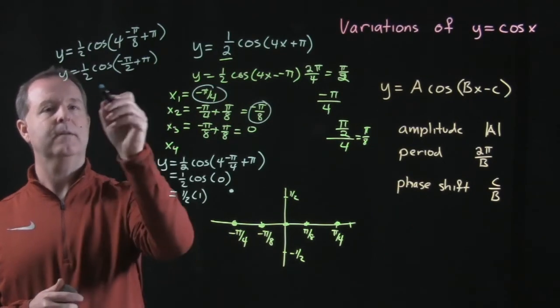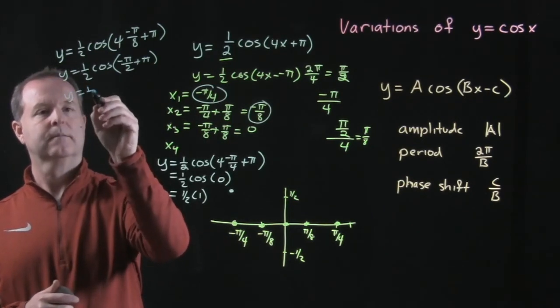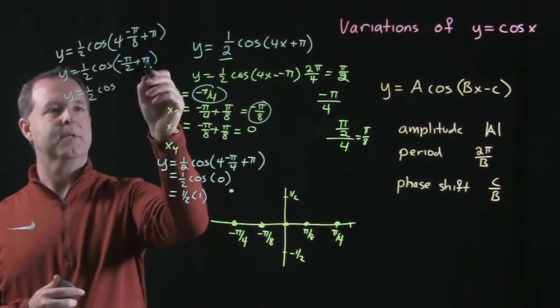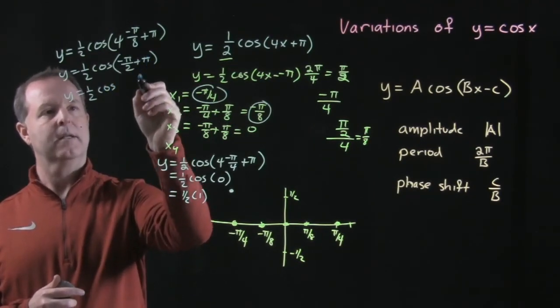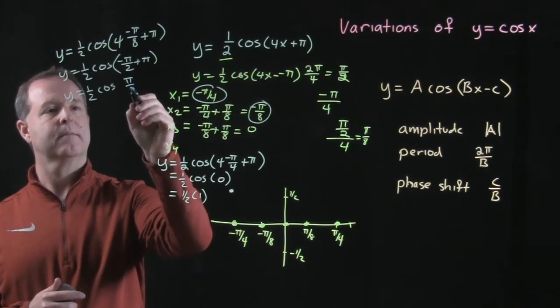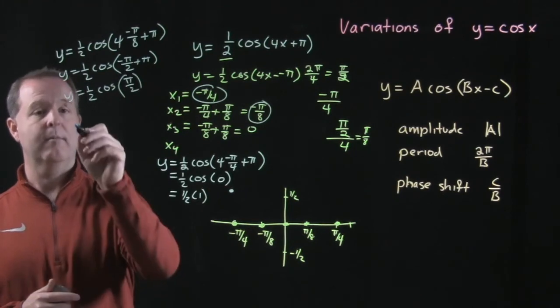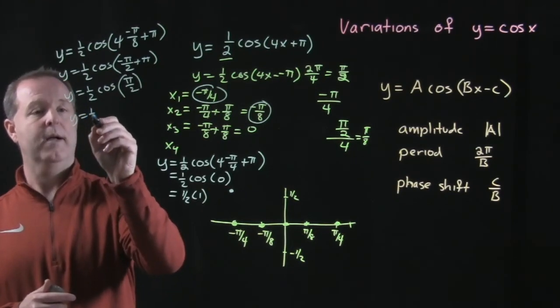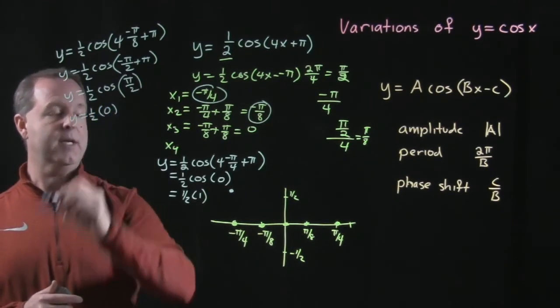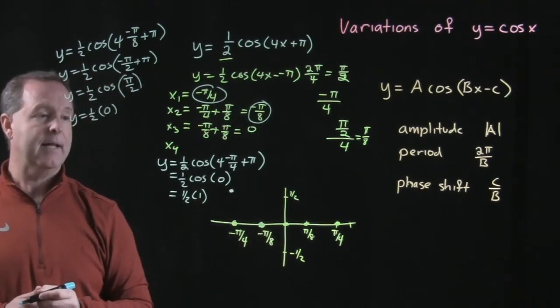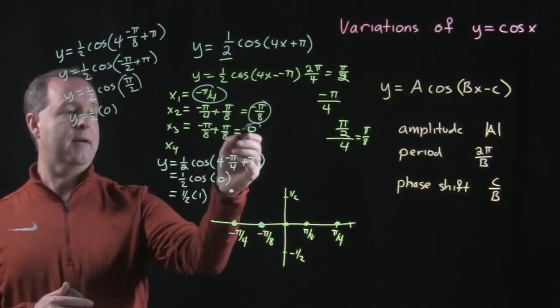Add those together. Just lots of little tedious steps. This becomes 2/2 pi, so we're left with pi halves. And the cosine of pi halves, if we remember, is 0. So I have 1/2 times 0, which equals 0. So my next point is right there. Then from there, plug in the rest of my points.